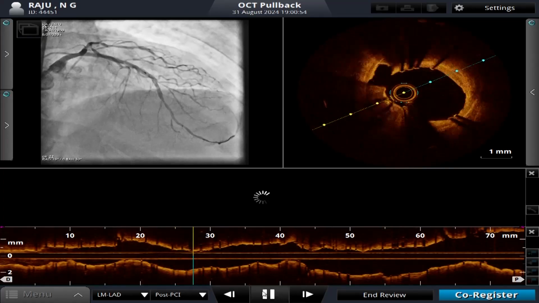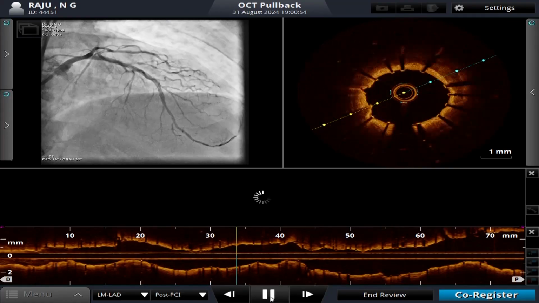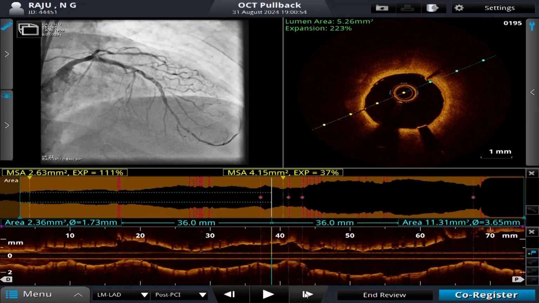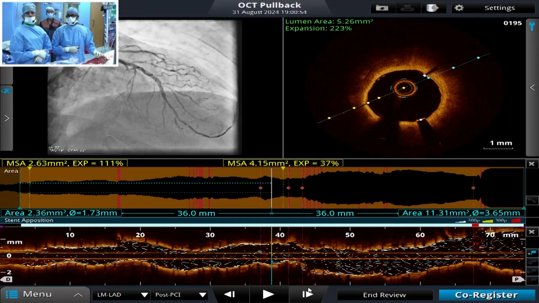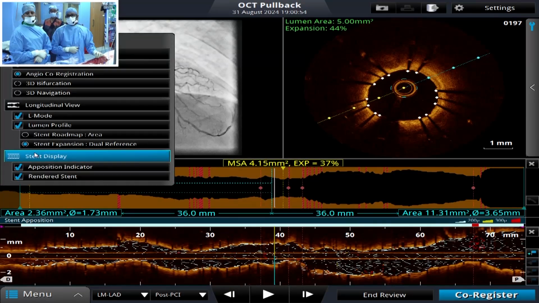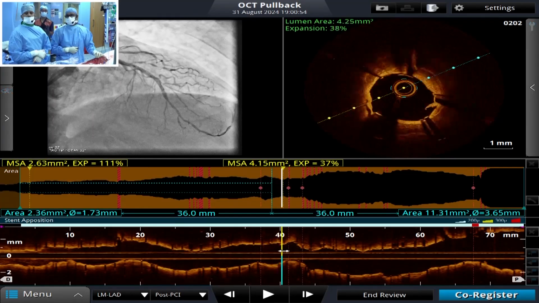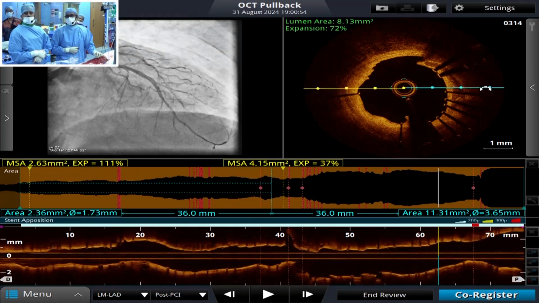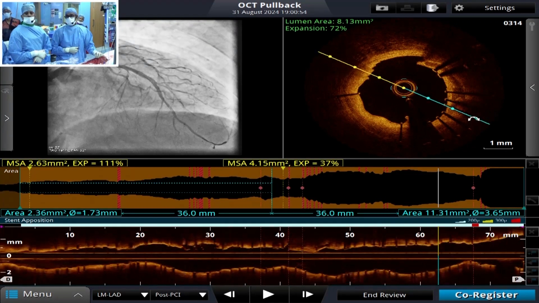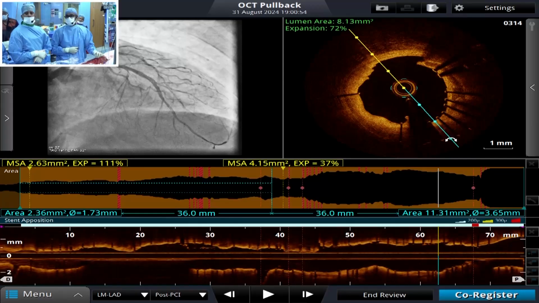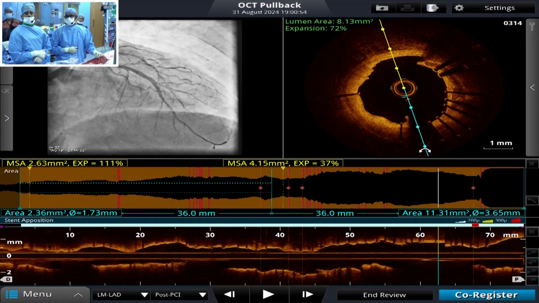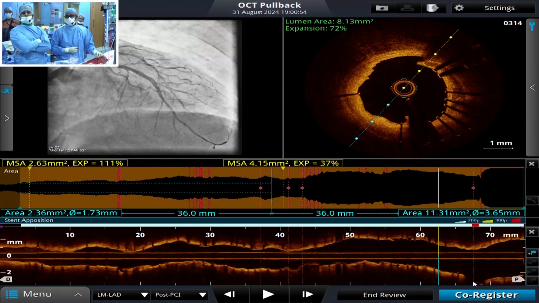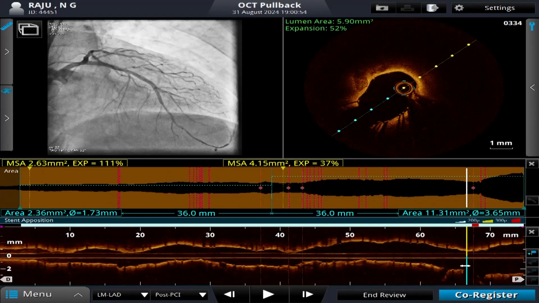Rotate and show the circumflex ostium also. Freeze. Rotate, freeze, and show the circumflex ostium. Remove the stent. Okay, show the circumflex ostium. Rotate and show the circumflex ostium. Yes, keep rotating, keep rotating. Okay, okay. Keep rotating.